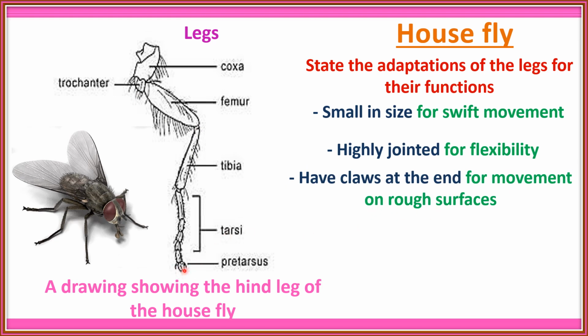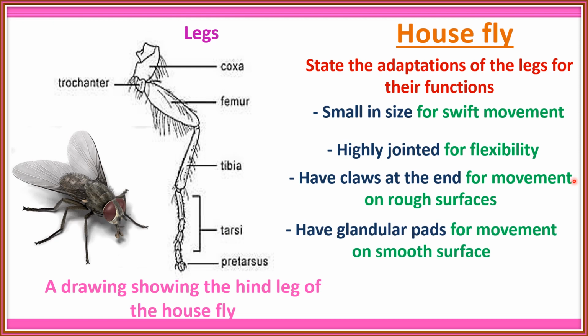The claws are used for movement on rough surfaces. They have glandular pads for movement on smooth surfaces. Glandular pads there. And they are hairy. If you look at them, they are hairy for carrying germs.